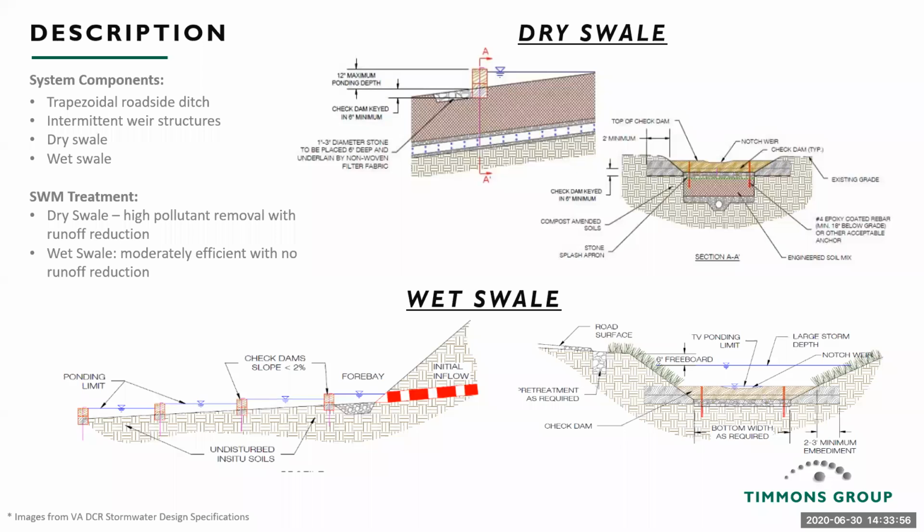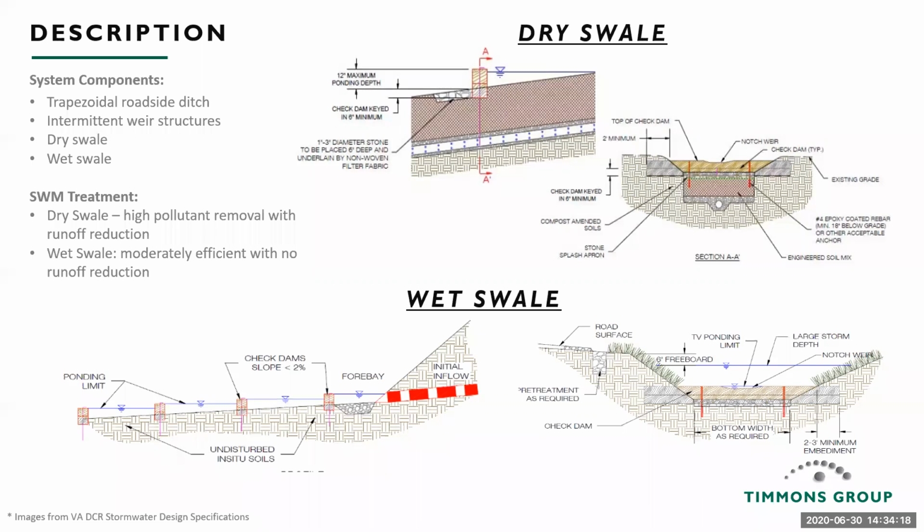The wet swale sometimes can get confused with dry swales, but the wet swale is another type of BMP. There are two main differences. One, it does not have the filter media component, which does result in slightly less removal efficiency for treating water quality on site.